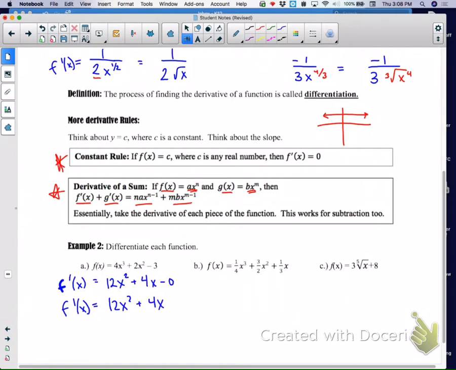That's something that once you get the hang of it, you should be able to do pretty quickly and pretty easily, I think. Okay. All right, next one's got some fractions in it, so that's going to make it a little bit harder. But for the first one there, when I bring that 3 down, I multiply it times the 1/4. That's just going to give me 3/4. Bring the power down. When I take 3/2 times 2, the 2's will cancel out.